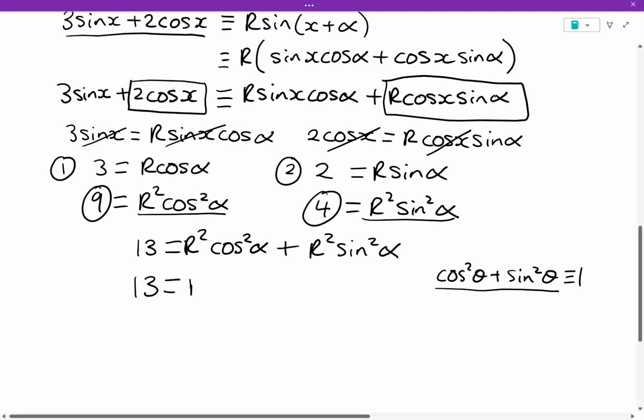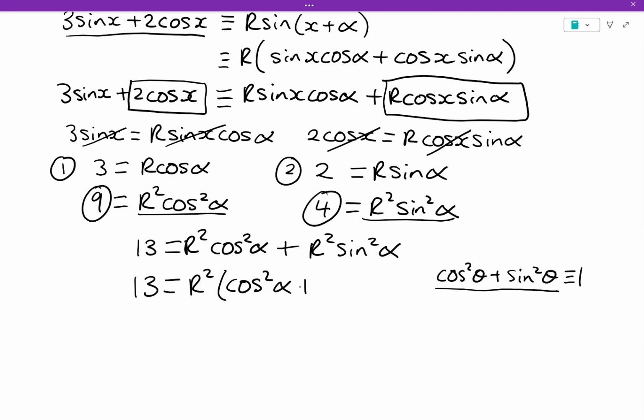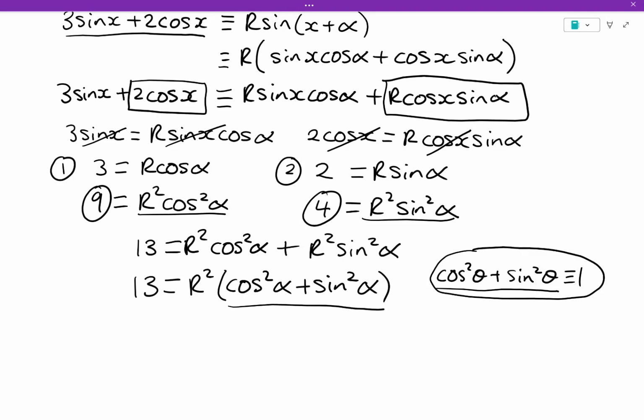So I would have r squared, and then in brackets cos squared alpha plus sine squared alpha, like that. Then what I've got in my brackets here now matches with my identity, so I can replace the cos squared alpha plus sine squared alpha with a 1, which is what it's identical with.